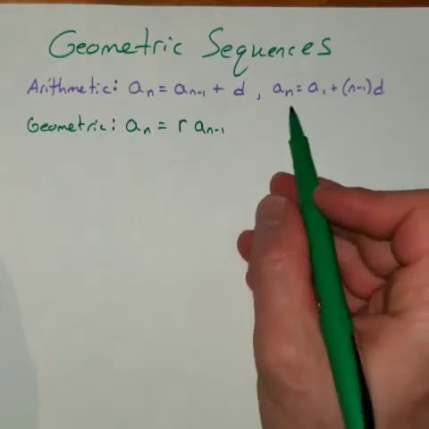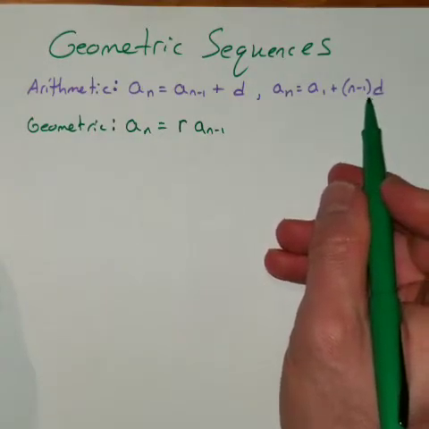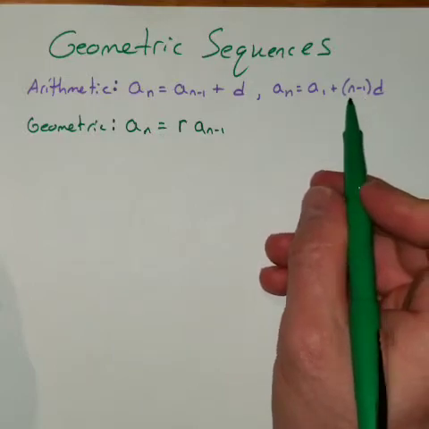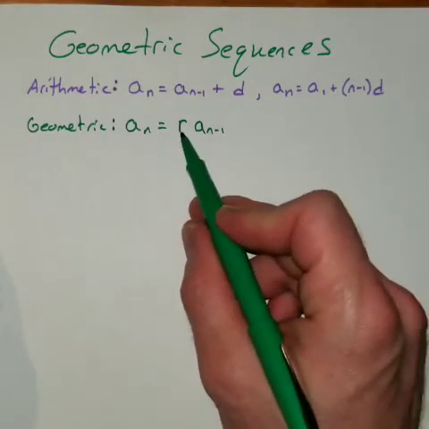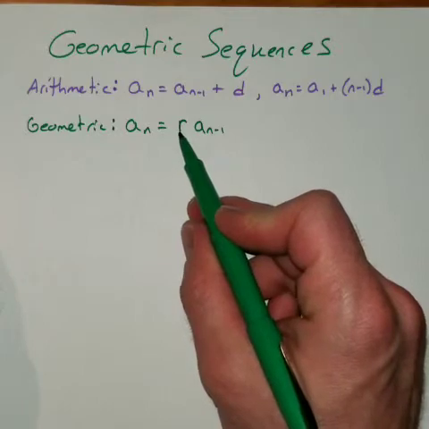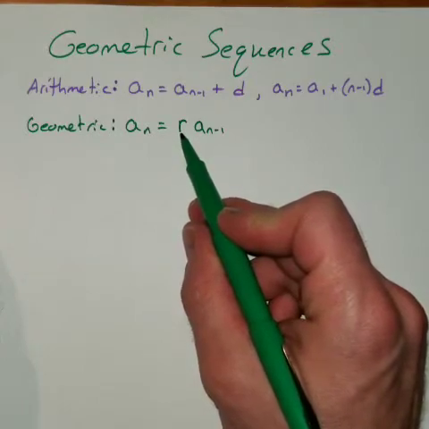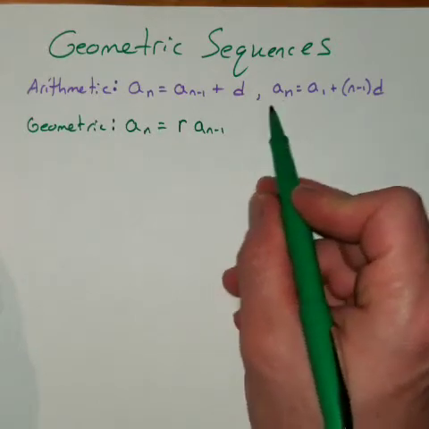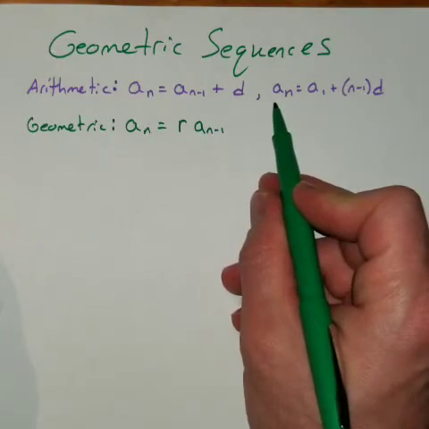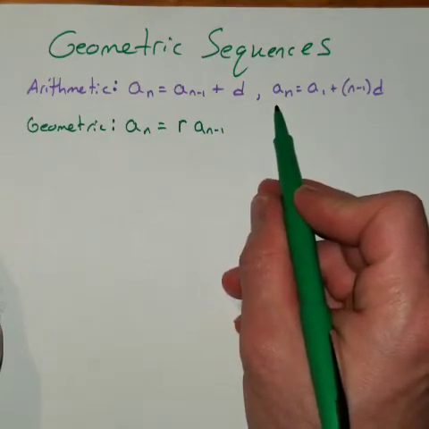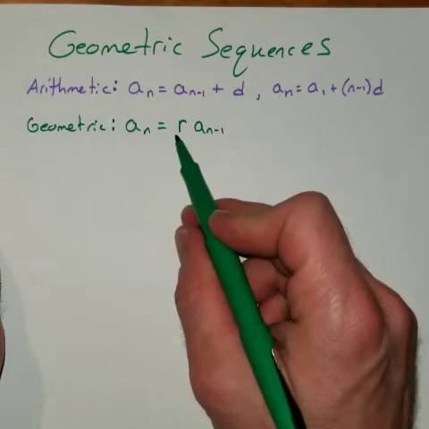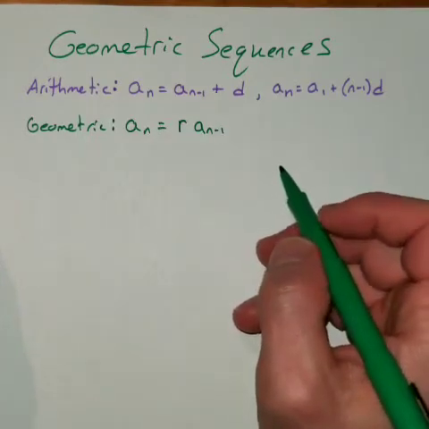Now what's interesting is just like in the arithmetic sequence, if you were to continue to multiply every successive term by r, then at the end, at the a sub n term, you will have one less r than the number of terms there are.